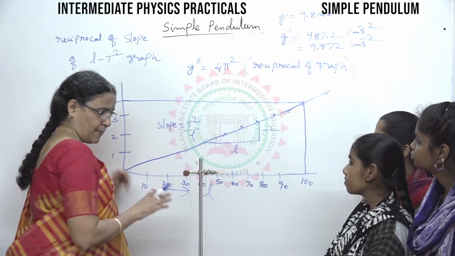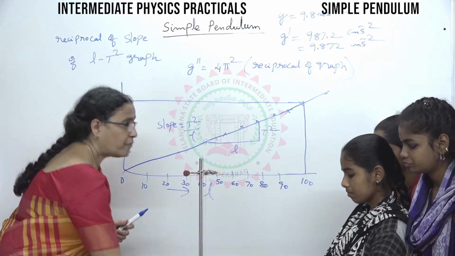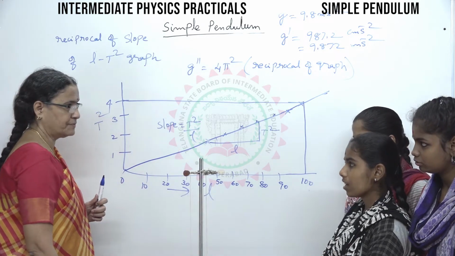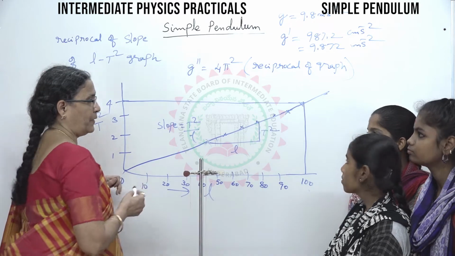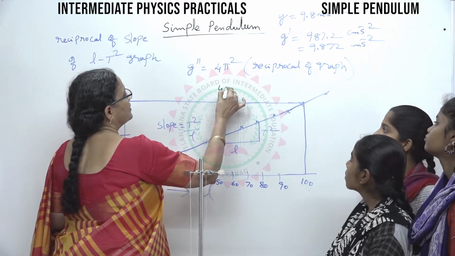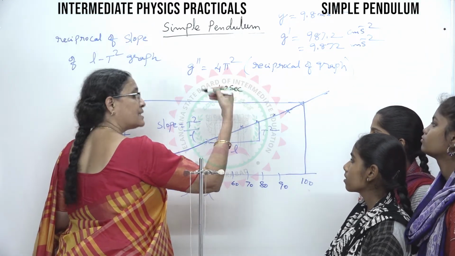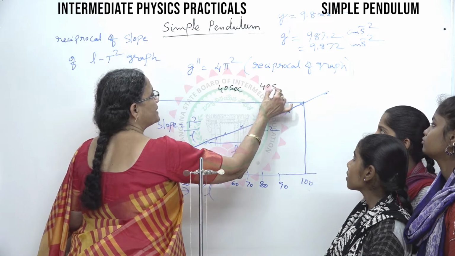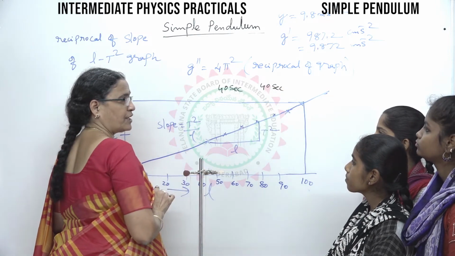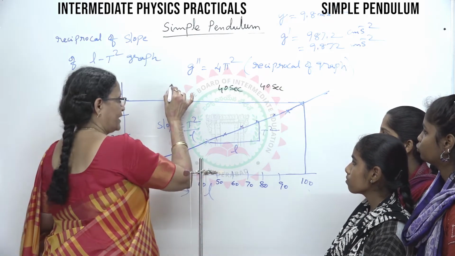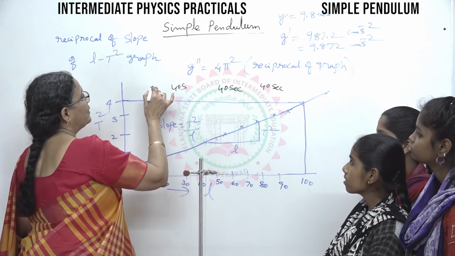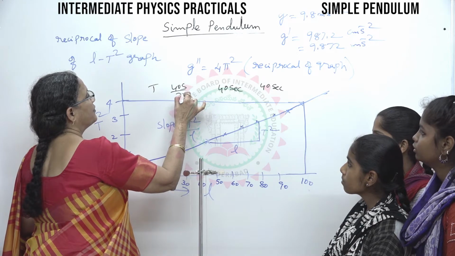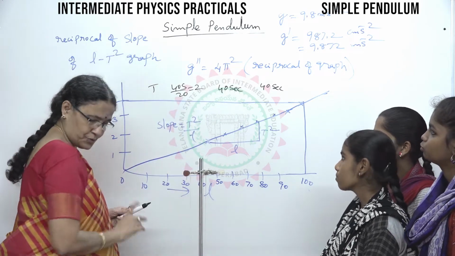For 100, if you take 100, the bob will go almost near to the ground. Okay, so you will get 40. For example, first reading is 40 seconds. Say second reading is also 40 seconds. What is the average of 40, 40, 80 by 2? 40. Yes. 40 and this is the total time. What will be the time period? 40 by 20. That is 2.